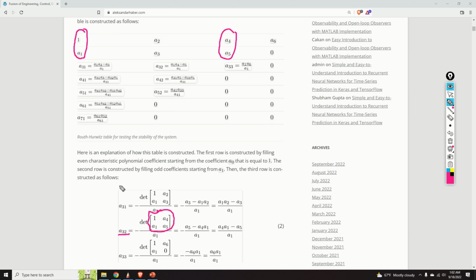Similarly, to compute A33, we construct another matrix by taking these two terms and these two terms, or these two coefficients. We form a matrix that you can see over here, compute the determinant, divide the result by A1, and again we obtain the identical result.